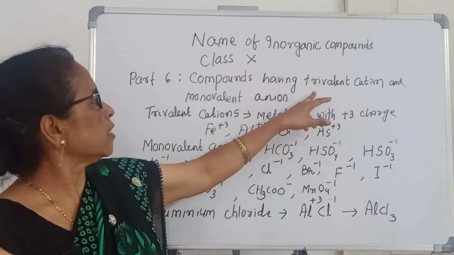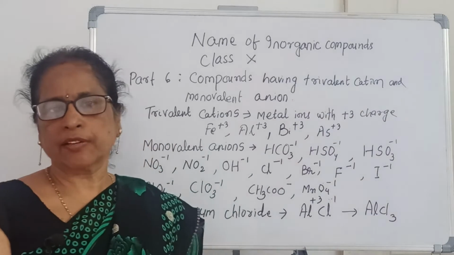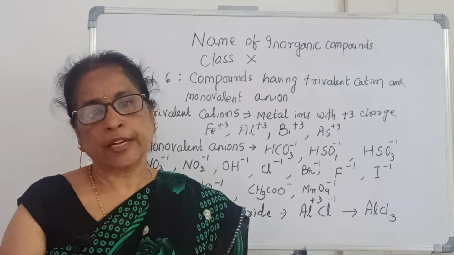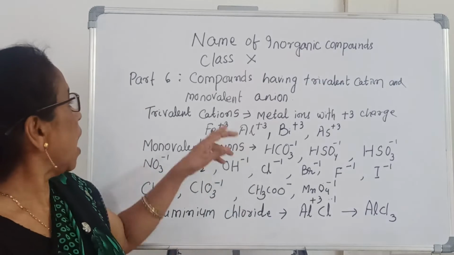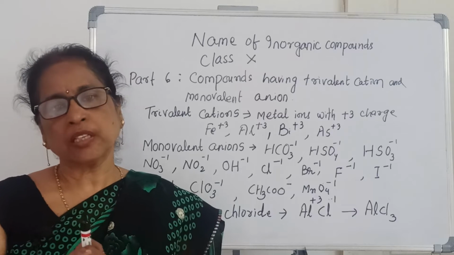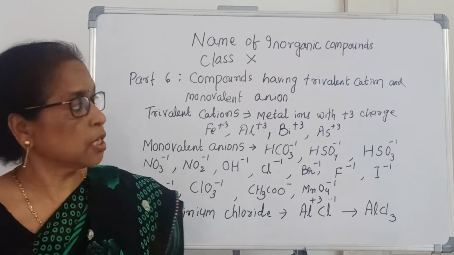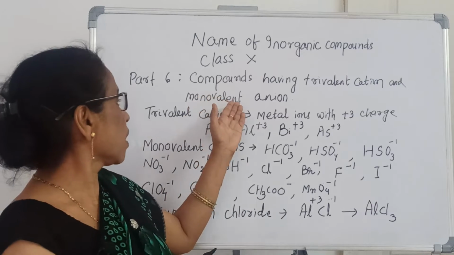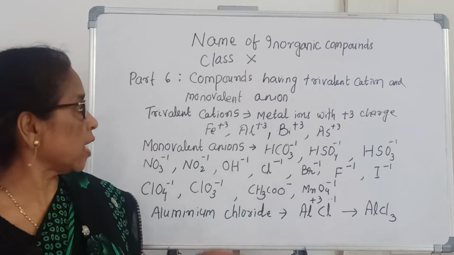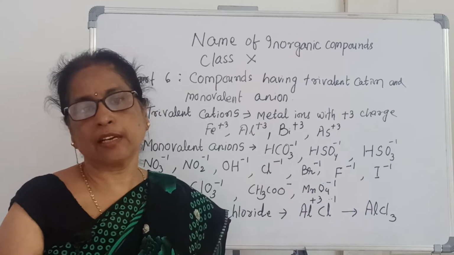Here the anion generally comes from the acid part and the cation comes from the base part. Generally, any cation, trivalent, monovalent, divalent, is simply a metal with positive charge. And monovalent anion means minus one charge. What is basic radical?